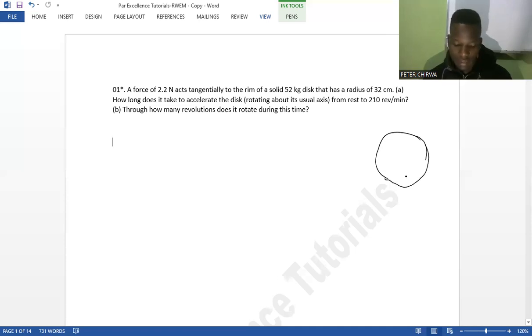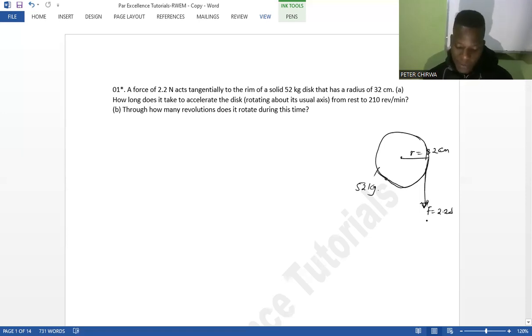So this is a disc, and let's say we have a force 2.2 Newton, and this disc has got radius of 32 centimeters. This disc as well is 52 kg. Okay, so now for this disc to rotate, it needs this force.